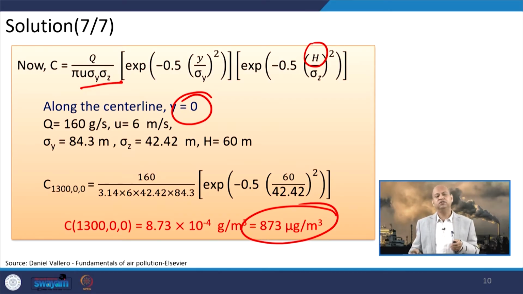And the distance we already know, around 1.3 kilometer from the stack position, this maximum concentration will be there. So, this is the application of this point source Gaussian dispersion model to calculate concentration at the downwind distance, whatever it is given.